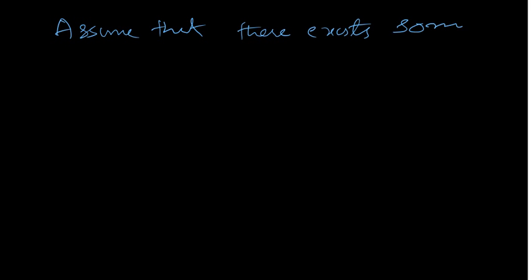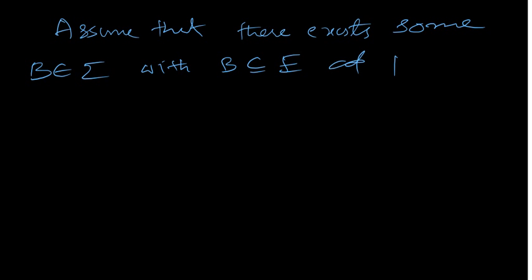So assume that there exists some B belongs to sigma with B subset of E and its measure is negative, because if every subset has positive measure then we are done, so we have to take the second case.